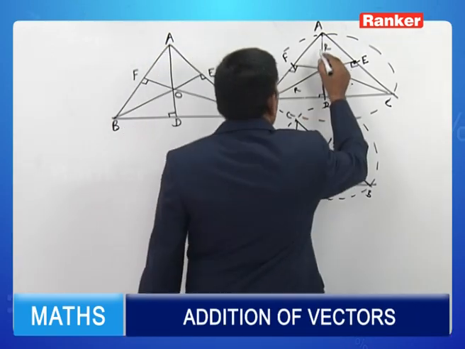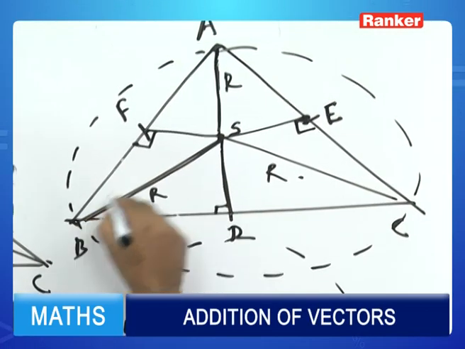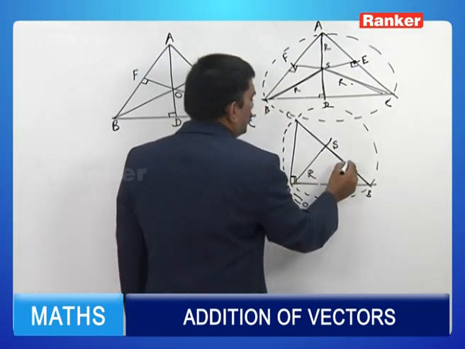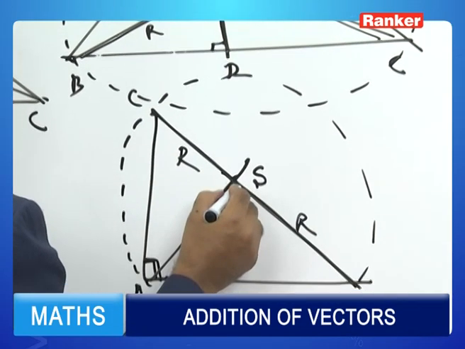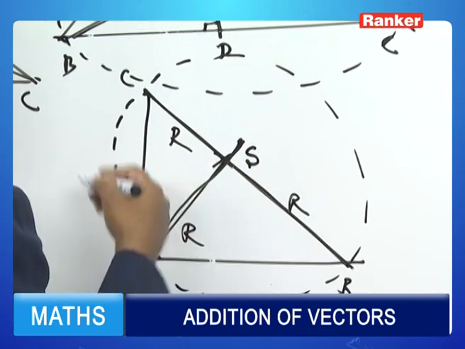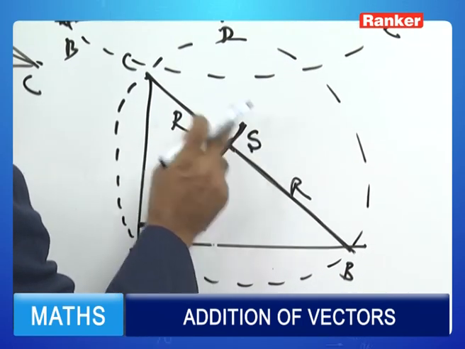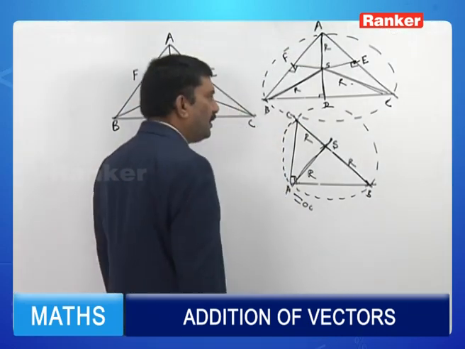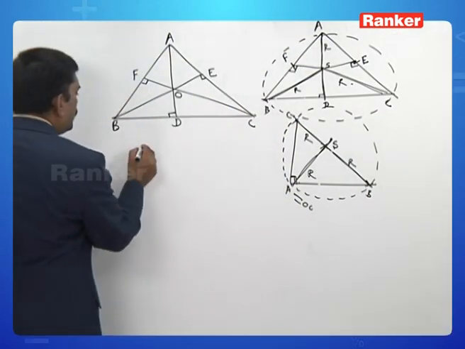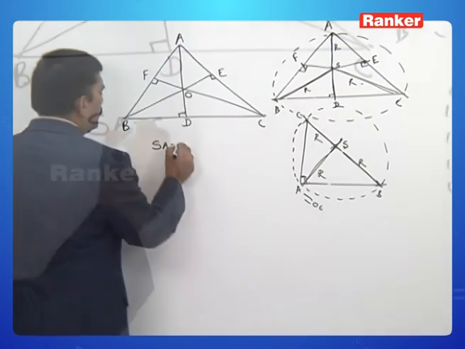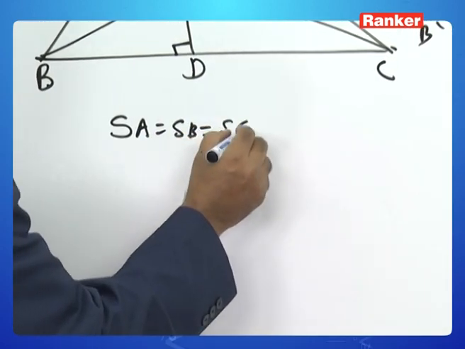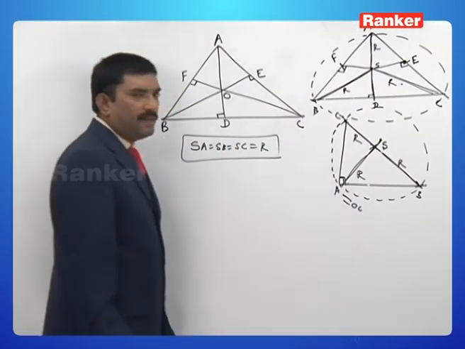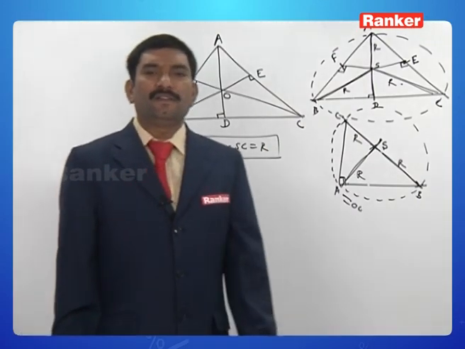Hence, we take this as a radius, this is also a radius, this is also a radius. I told you this is the circumcenter. In any triangle, the circumcenter is the point equidistant to the vertices of a triangle. So I can write this as SA is equal to SB is equal to SC is equal to R, the radius.